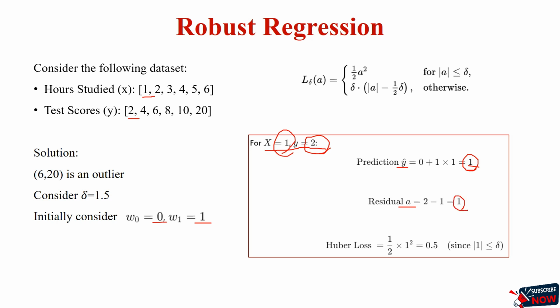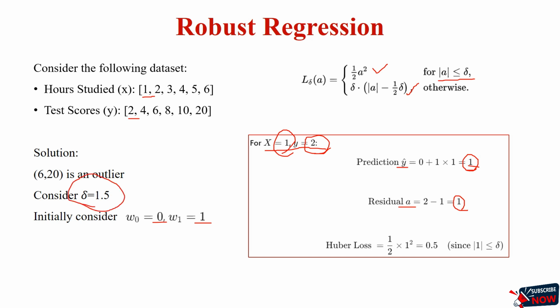Now, using the Huber loss, let us check which equation to be applied. Here we are checking the value of mod A. If mod A is less than or equal to the threshold, we will use this equation. Otherwise, we will go for this equation. The threshold they have given us is 1.5.